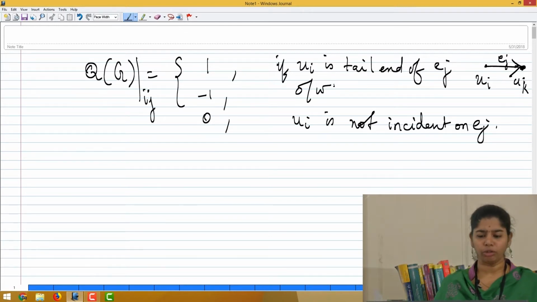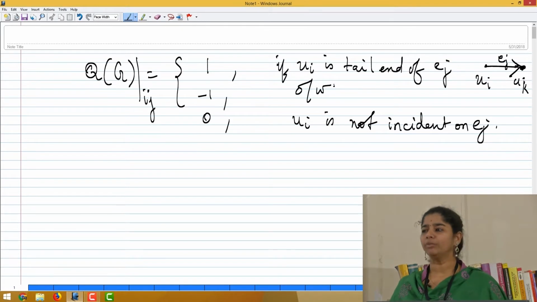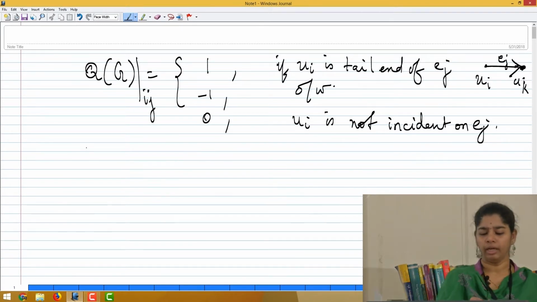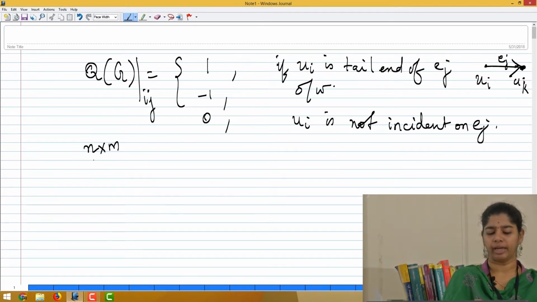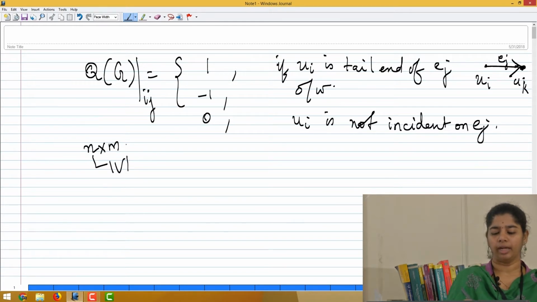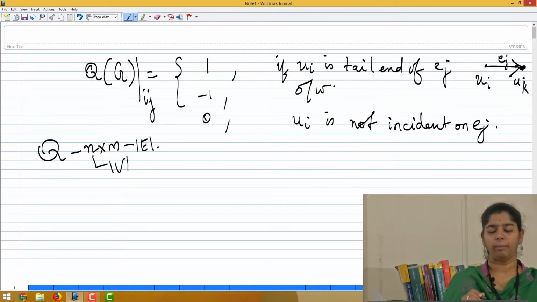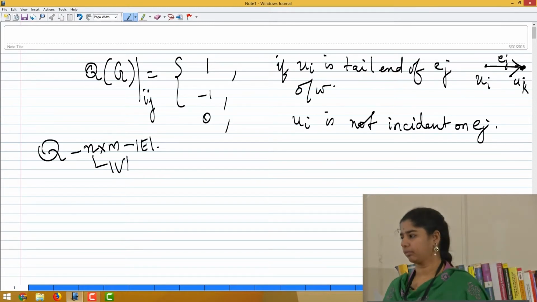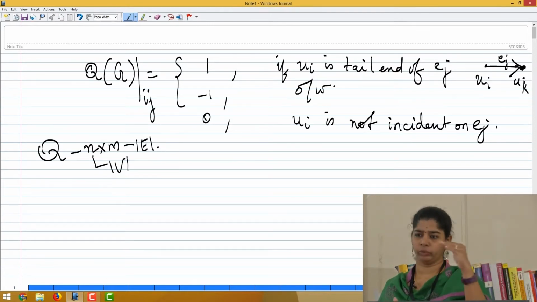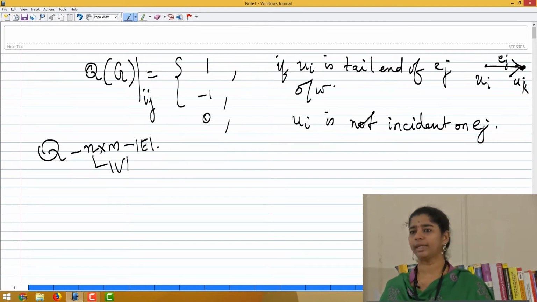So now I just want to look into the column space of this. We know this is an n by m matrix. If there are n vertices and m edges, then Q is a matrix of order n by m. N rows are there, each row corresponds to a vertex, and m is the number of columns, which is the number of edges.